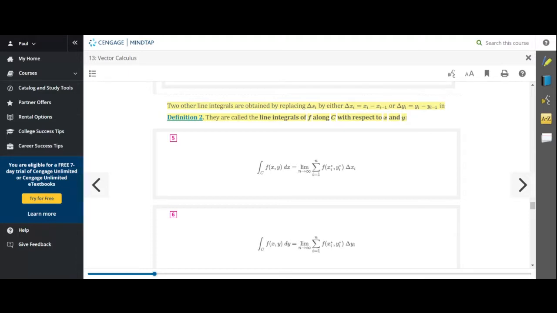And in the definition for the line integral, you can replace the ds with the dx. The dy is going to equal 0 for a horizontal arc, since there's no change in y, and ds would equal dx. So what essentially happens is the square root of dx dt squared plus dy dt squared becomes the square root of dx dt squared.